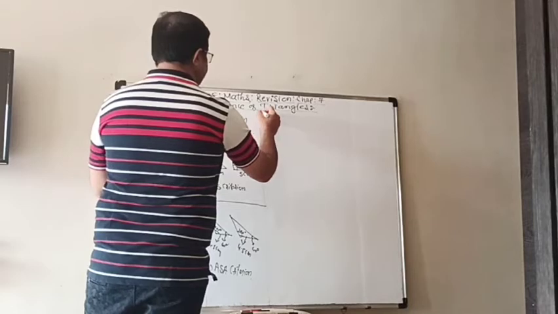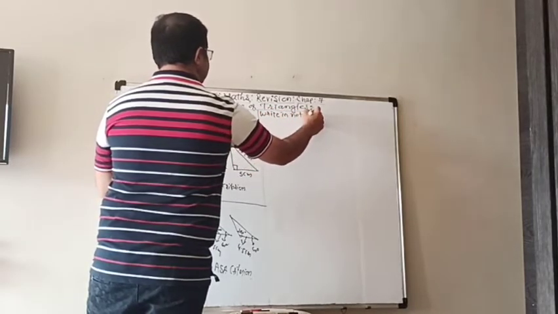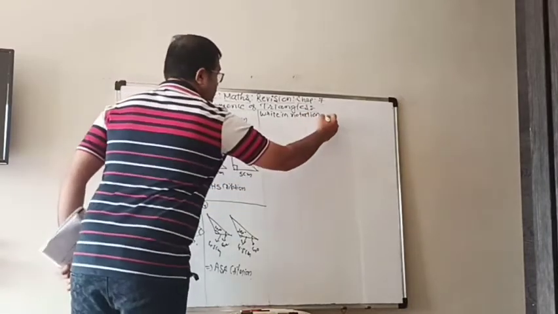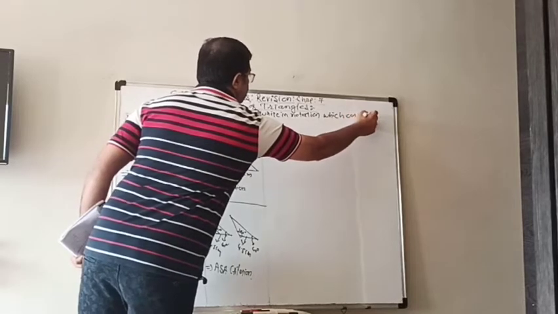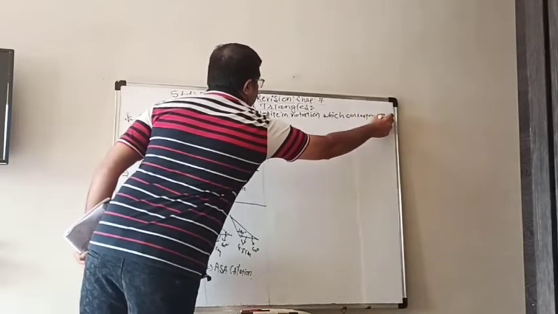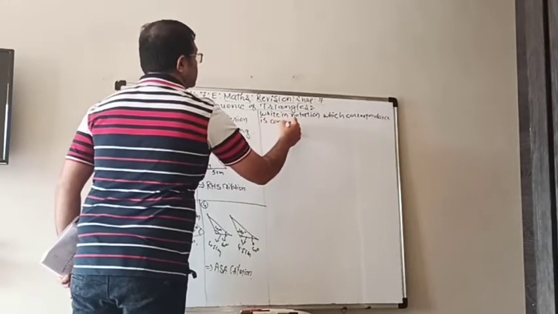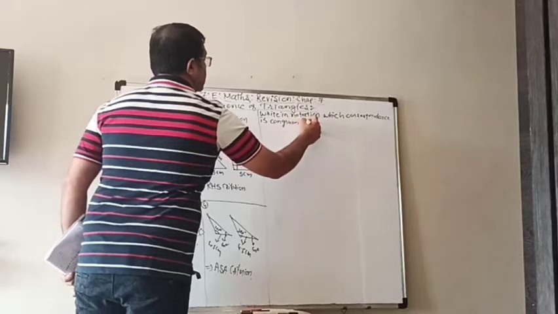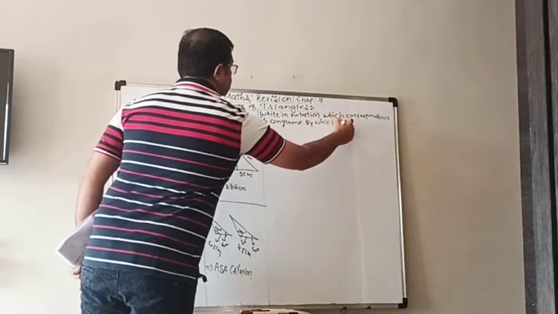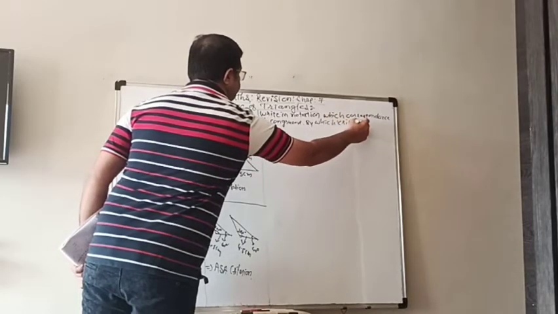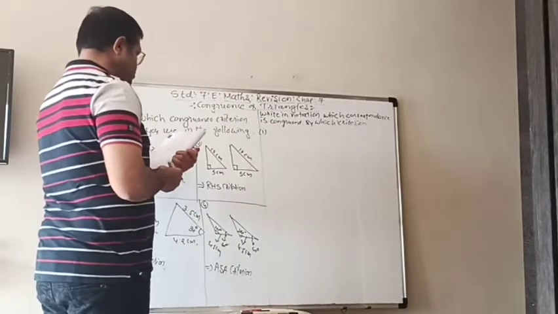So here also write in notation which correspondence is congruent and by which criteria. So we have to write down the criteria also and the correspondence also.